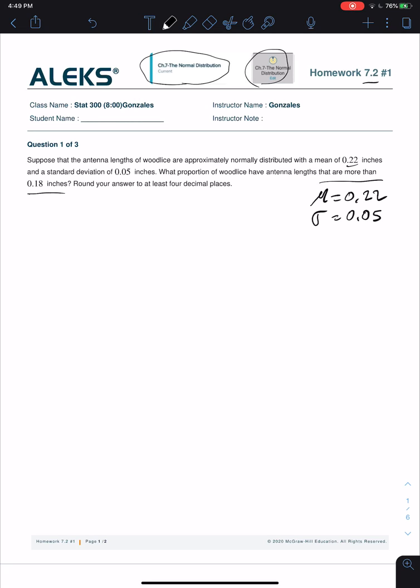Now, let's look at the raw data just to get a picture of what's happening here. The mean antenna length is 0.22, and the question is, what proportion of woodlice have antenna lengths that are more than 0.18?